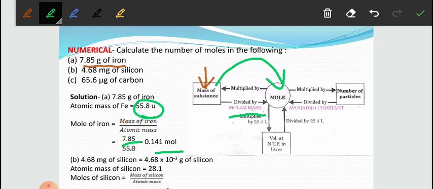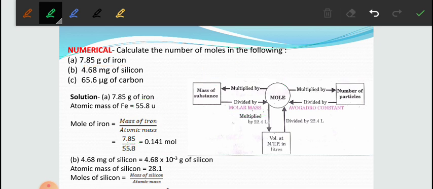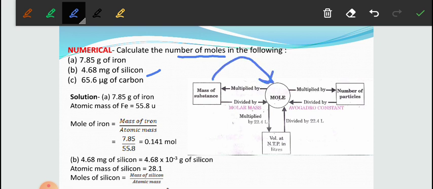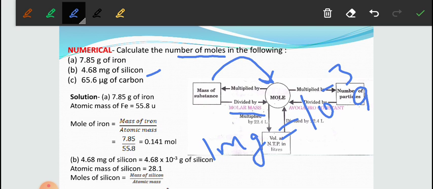Okay, in the next they said again we need to calculate the number of moles in 4.68 mg of silicon. Mg means milligram. Again we need to divide it by the molar mass, but here it is milligram, so we have to change milligram into gram. So 1 milligram is equal to 10 raised to the power minus 3 gram.